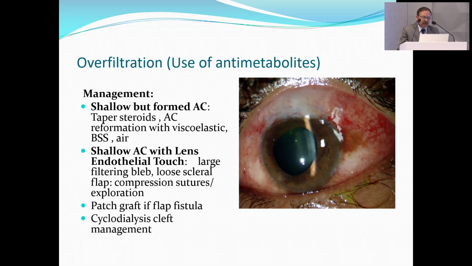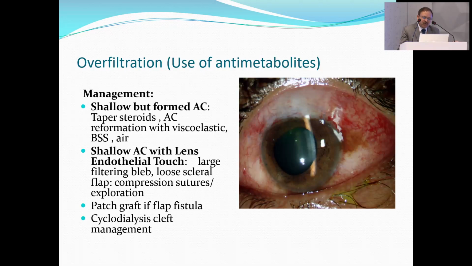Overfiltration with a shallow but formed bleb: increase the dose of steroids, and form the AC with viscoelastic or BSS or air. Shallow anterior chamber with lens-endothelial touch, you have to intervene early. Large filtering bleb: look for loose sutures of the flap, and you can manage it initially with a compression suture, but if it doesn't help, then you have to explore the bleb and look for the cause.